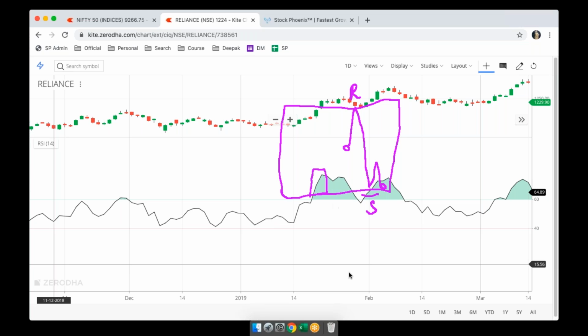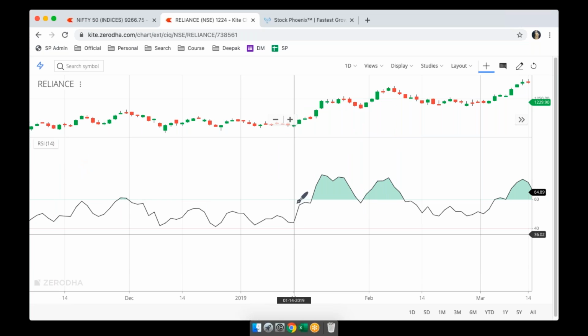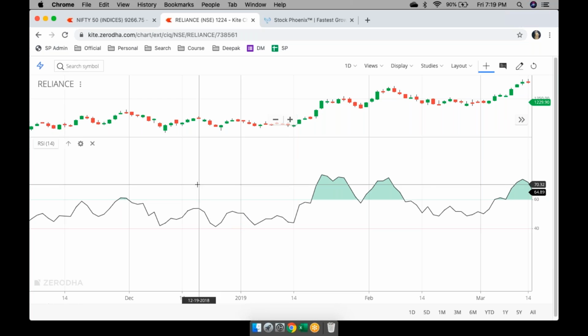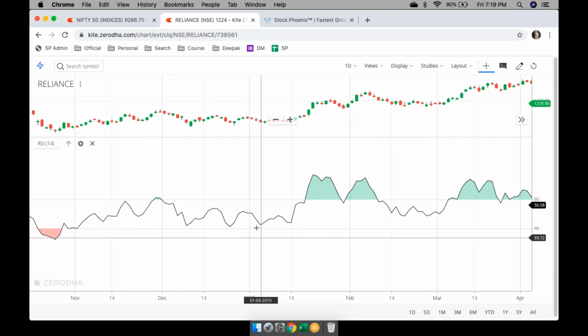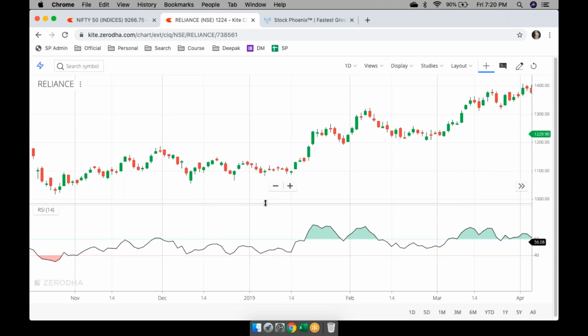Okay. So now let's relate this to RSI in the stock market. Now what we are going to learn is how to trade only with RSI. We have learned how to trade with candlesticks. Now we will learn how to trade only with RSI. Forget about candlestick patterns at all.